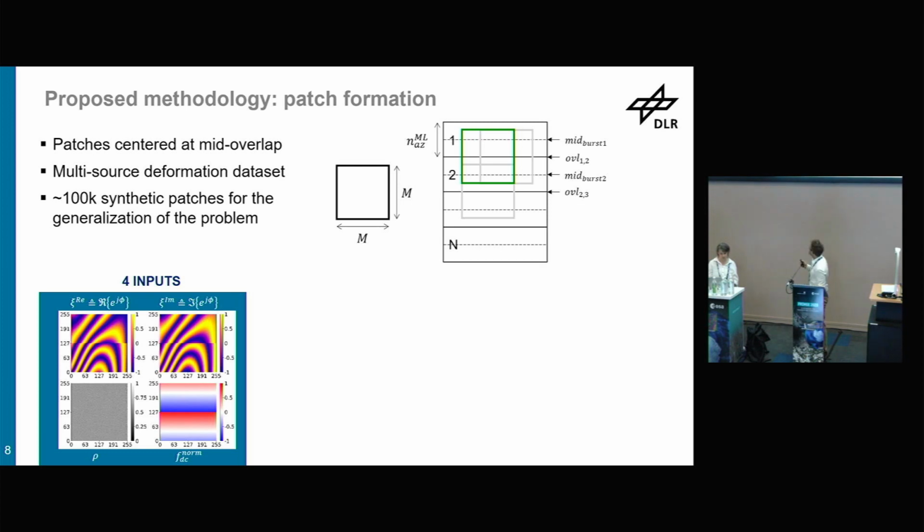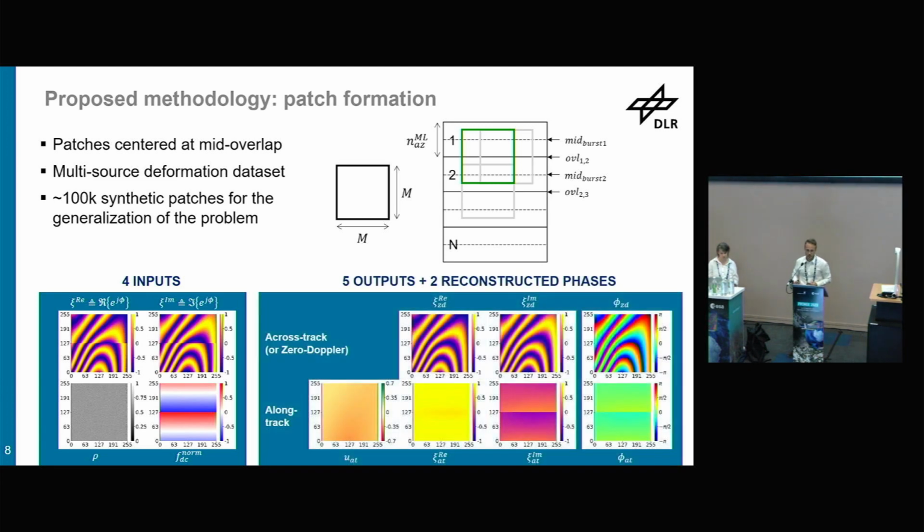So first, the inputs will be, let's say, the real and imaginary part of the phasor associated with the interferometric phase. Rho is the coherence, and the Doppler centroid frequency is this one at mid-overlap, so we are looking at the patch.